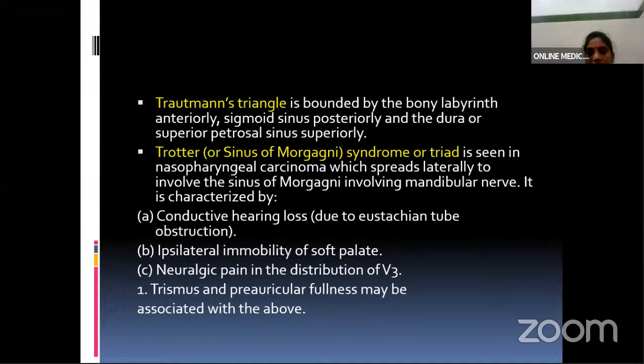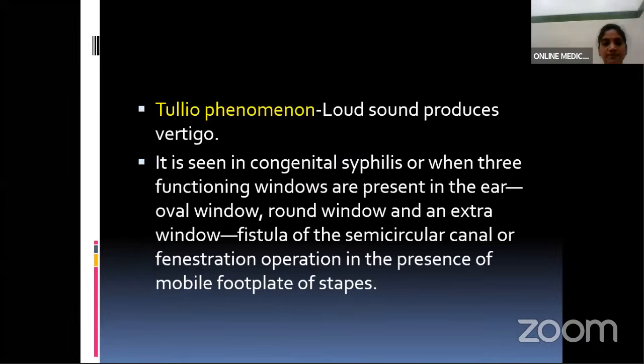This is also known for the sinus of Morgagni, because the mass is occluding the sinus of Morgagni, which was explained last class. So these three non-specific symptoms are what the patient will present with; you should be aware of Trotter's syndrome.